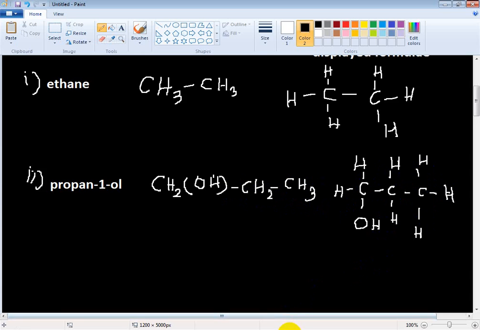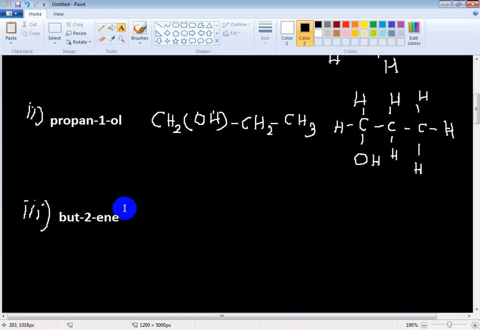Okay, now butene. But means 4 carbons in a chain, and in an alkene the second position is a double bond. 4 carbons in a chain: 1, 2, 3, 4 for but.